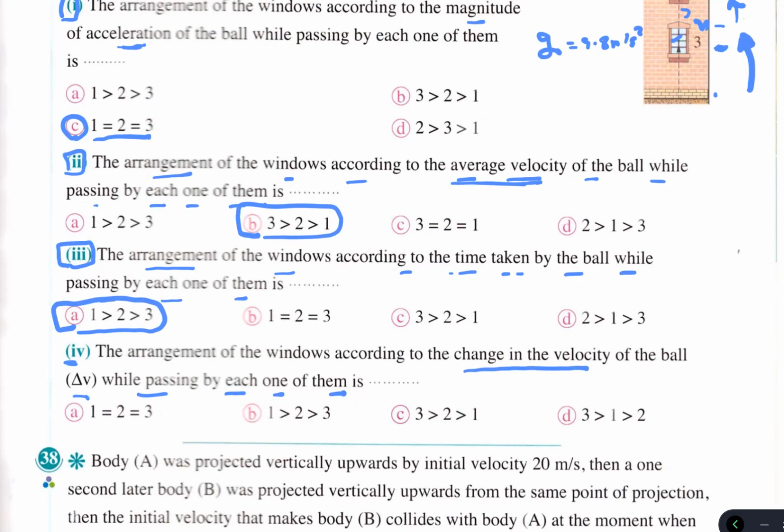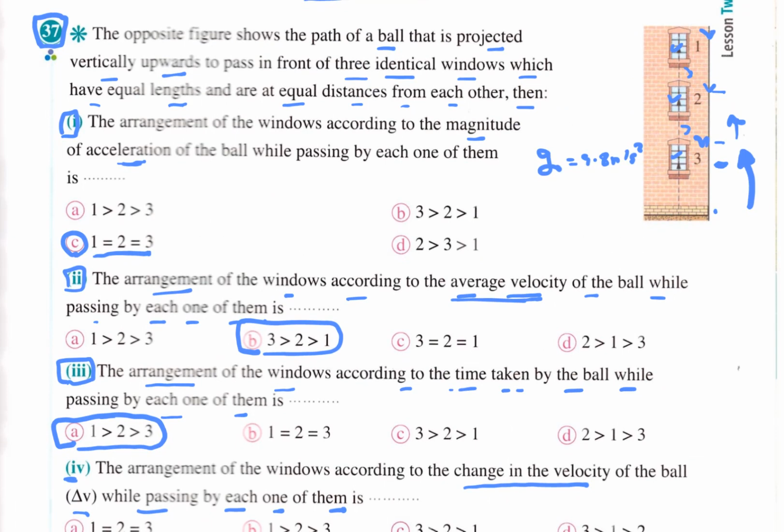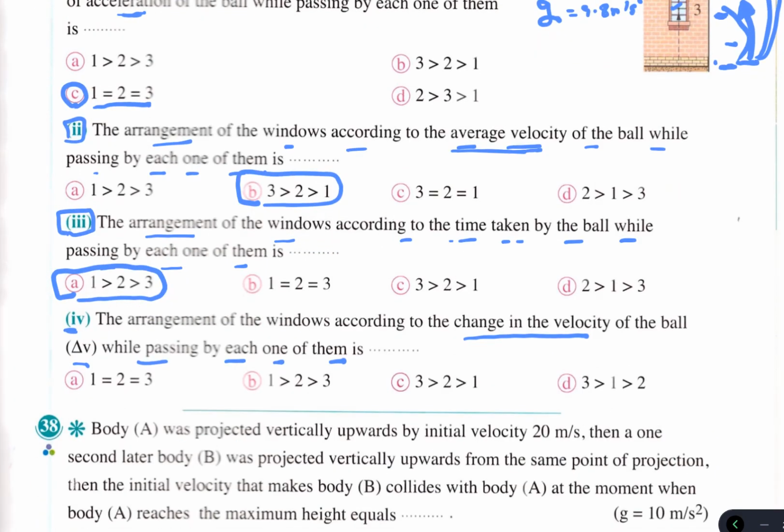The change in velocity, sure, is between the initial point and the first window, between the initial point and the second window, and between the initial point and the third window. So sure, 1 is larger than 2, larger than 3, right? So the answer will be letter B.